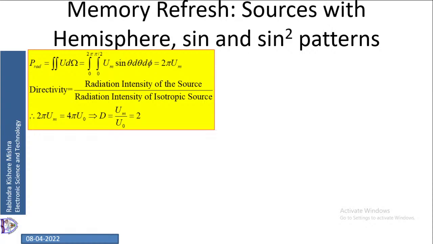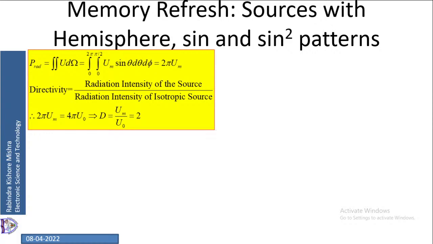So let us see. P rad is equal to integration u d omega. Let us integrate d omega, from 0 to 2 pi and 0 to pi by 2, d theta d phi, and sine theta will be there because of d omega. Then that is 2 pi um.